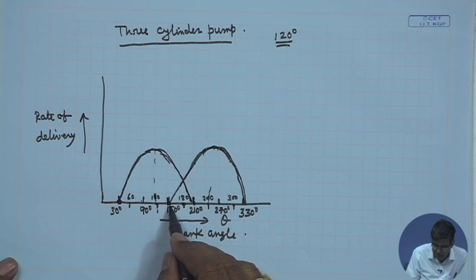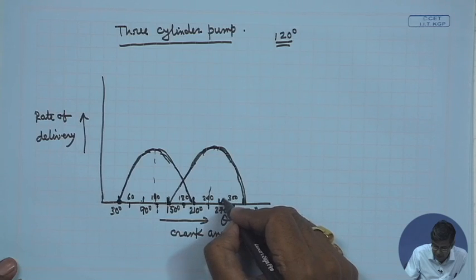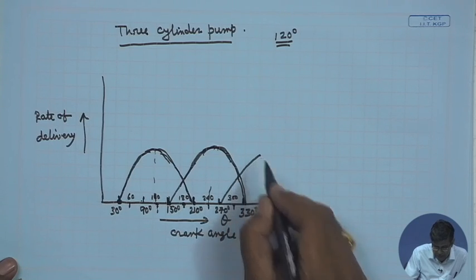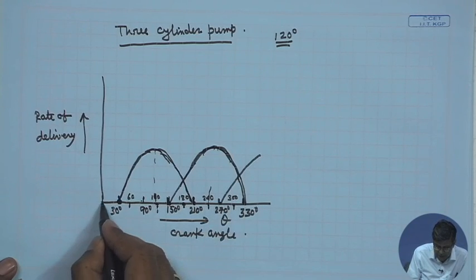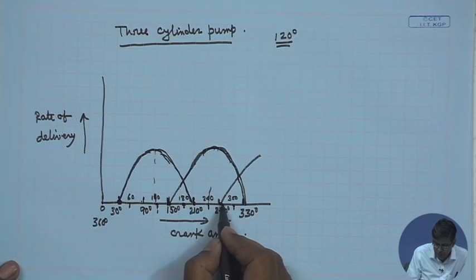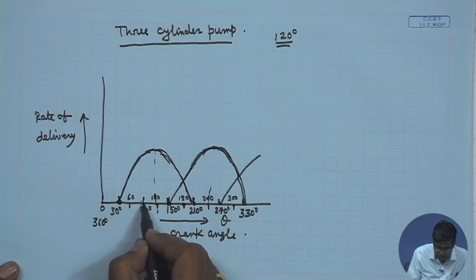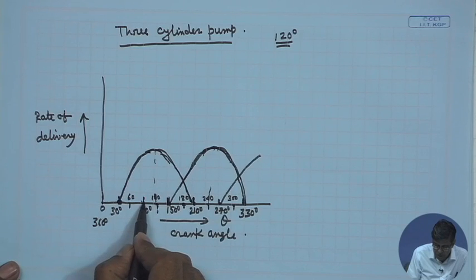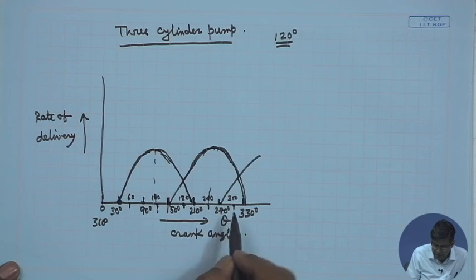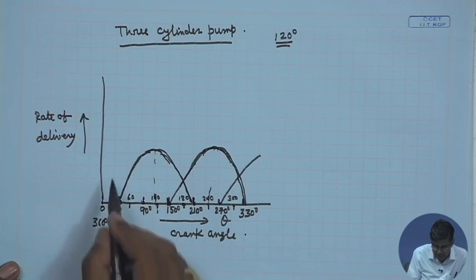Similarly, another cylinder will start at 150 plus 120, that is 270. So, it will go like this, and here this will be 360, or 0. This will start at 270, and if you add 180, it will end at 90, that is 360 plus 90.